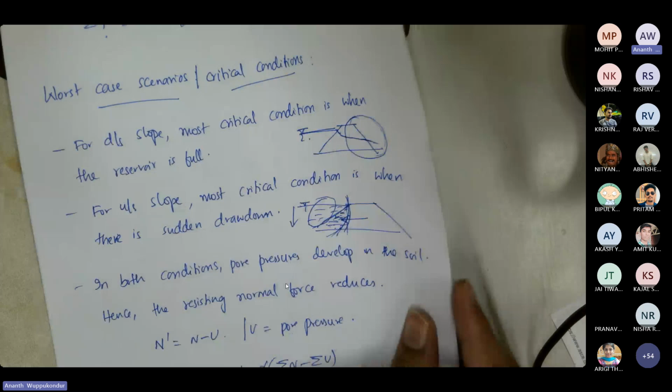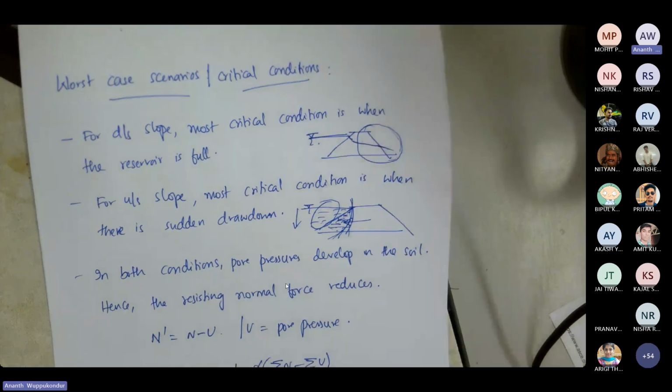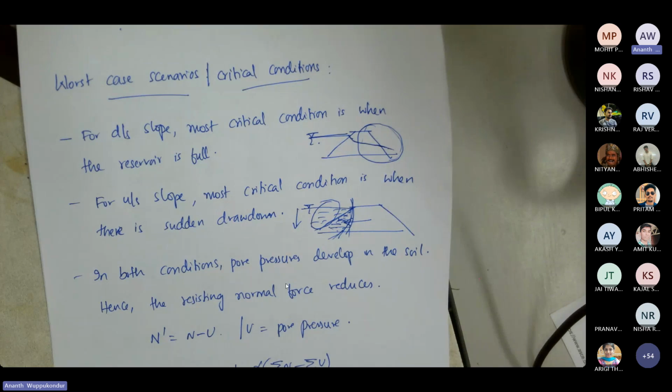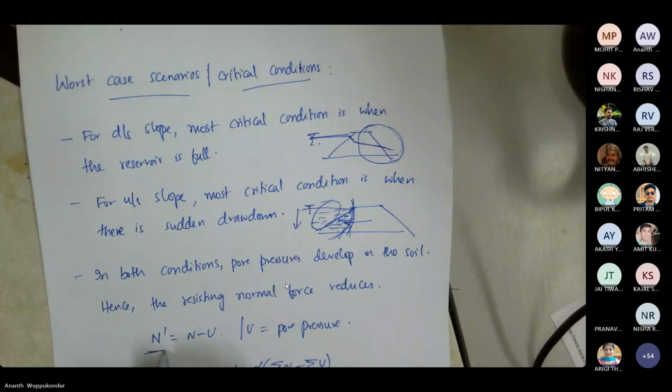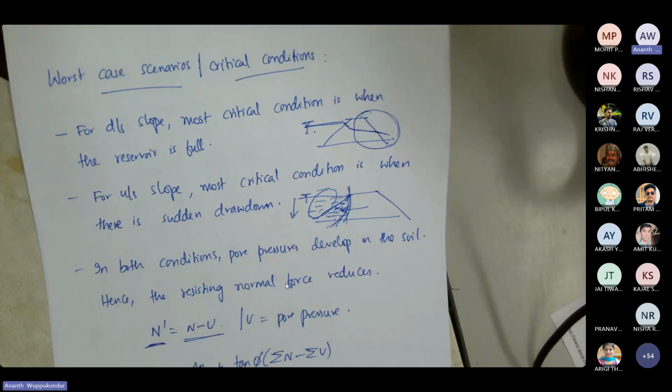Now, if we consider that sudden drawdown for the upstream slope, or the reservoir full condition for the downstream slope, then the resisting normal force would be adjusted to consider the pore pressure. So we have the weight that acts downward, and if you resolve that normal to the arc, then you have an opposing pore pressure that develops.